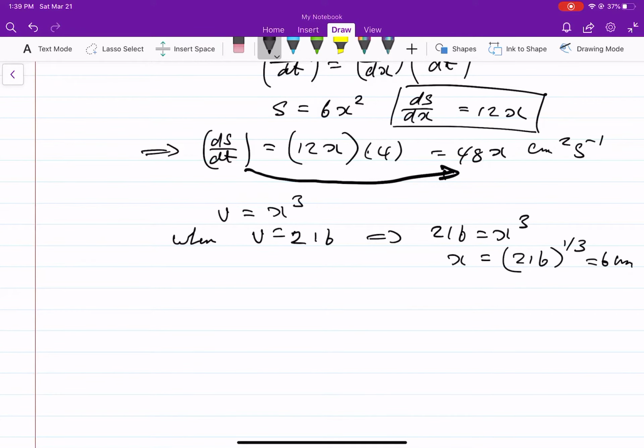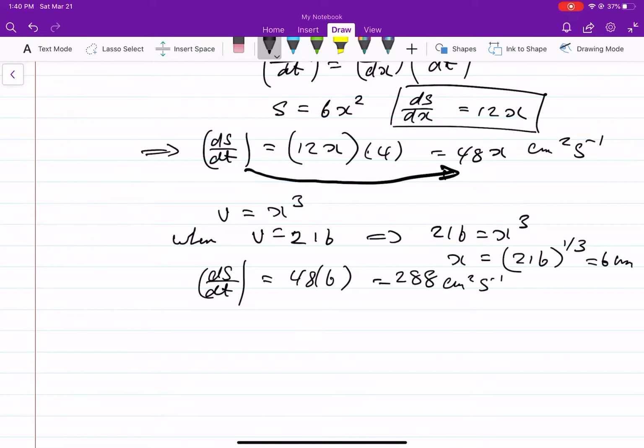And I can plug that value of x into the expression for dS/dt, the rate at which the surface area is changing. And that will be 48 times 6. And that should give me 48 times 6. 6 times 8 is 48. 6 times 4 is 24, plus 4 is 28. So 288, and that should be cm squared per second.